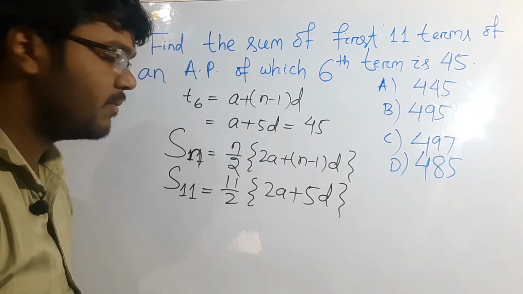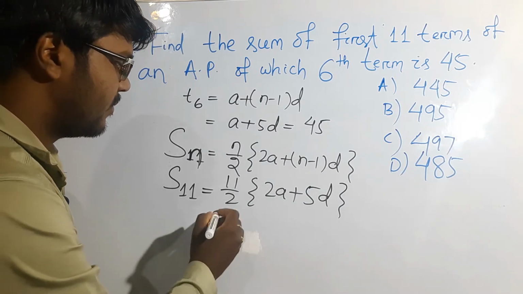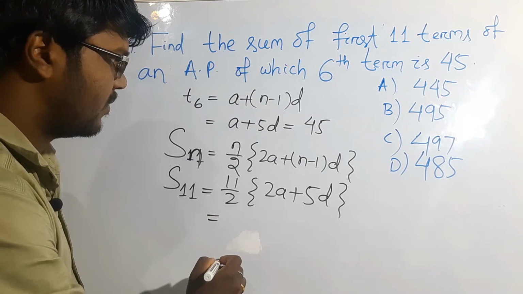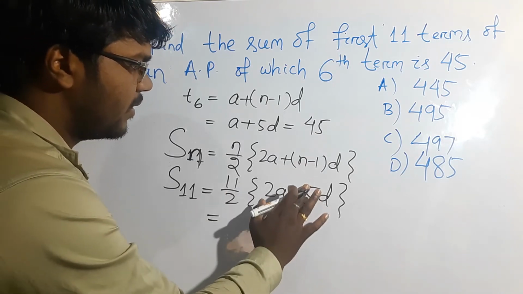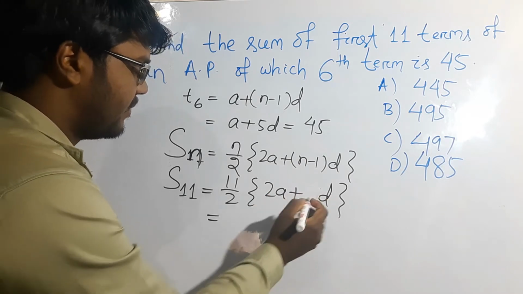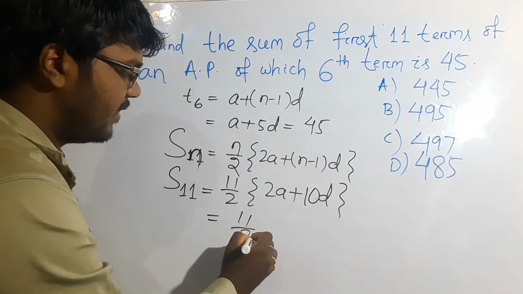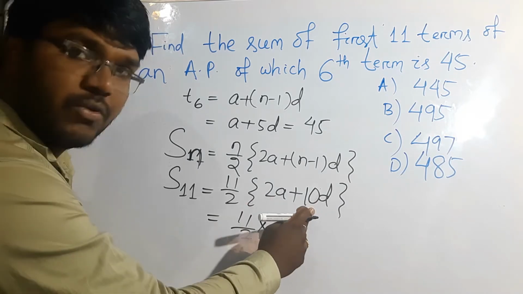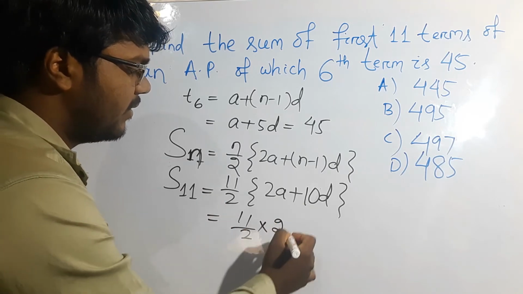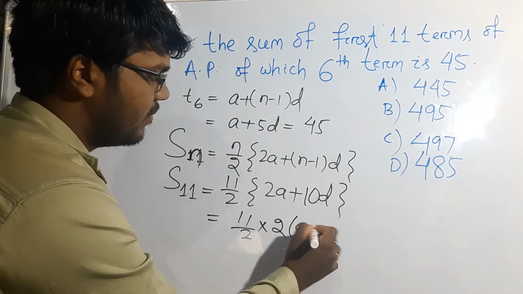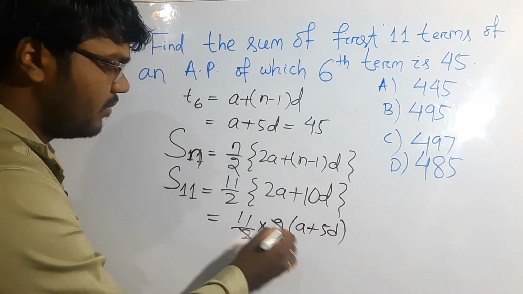You see, sorry, it is 11, so 11 minus 1 will become 10D. So 11 by 2 into, we can take 2 common from here. When we bring 2 common, it will become A plus 5D. So here 2 and 2 will be cancelled.